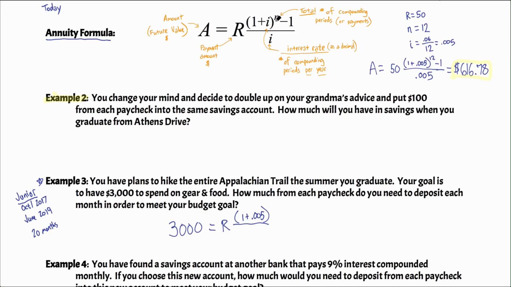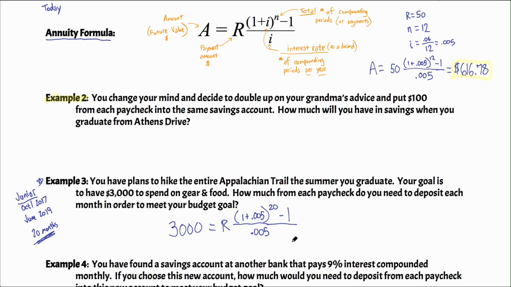Okay, and we're raising to the n power. So total number of compounding periods, that's our 20 months. That's how long we're going to have that account open. And at the end of 20 months is when we hope to have that $3,000. So I'm going to put that 20 up there. Don't forget that minus 1. And in our denominator, we've got that interest rate divided by 12 again.